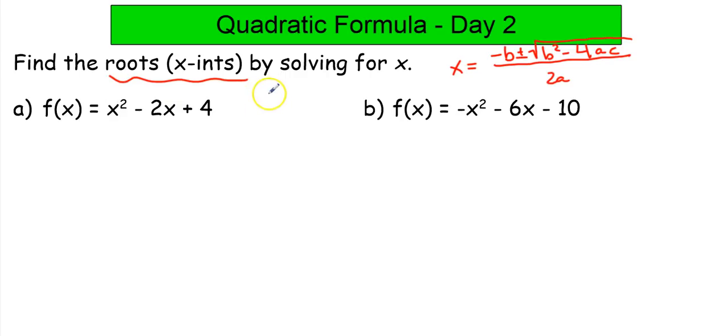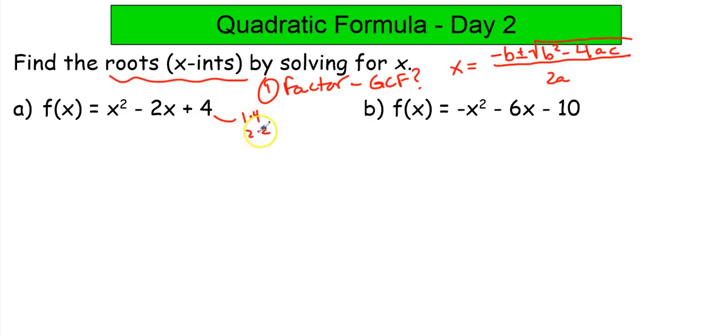So the first thing I always try to do is factor. Always. And when we factor, that means GCF first. So is there a greatest common factor that I can take out of these? No greatest common factor here, so we're going to look at factors of 4. So that's 1 and 4, and 2 and 2.